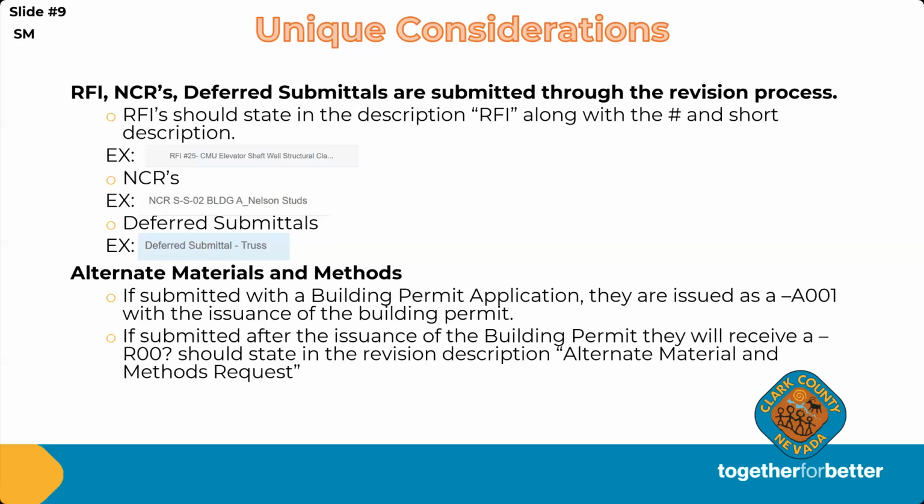Unless you have a couple different materials and methods, maybe you'll have a 2. But usually I've just seen them as A001. If the permit's already been issued and you're submitting in for an alternate material method request after the issuance of a building permit, then it's going to go through the standard revision process and it's going to get that -R001 or 4 or 5 or whatever revision number that you are on.